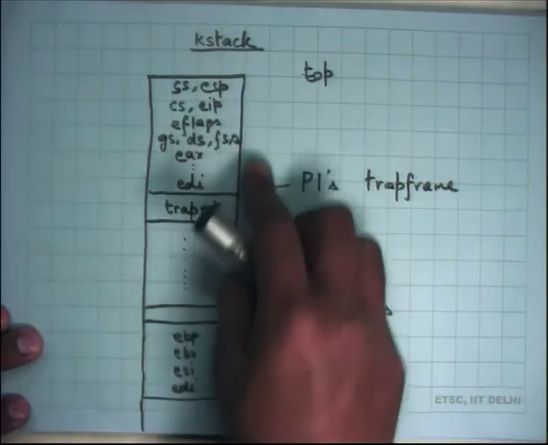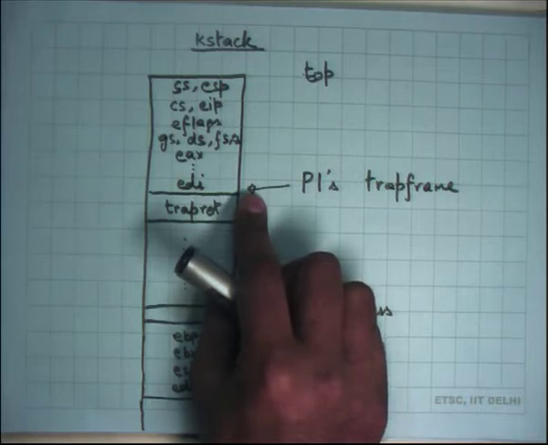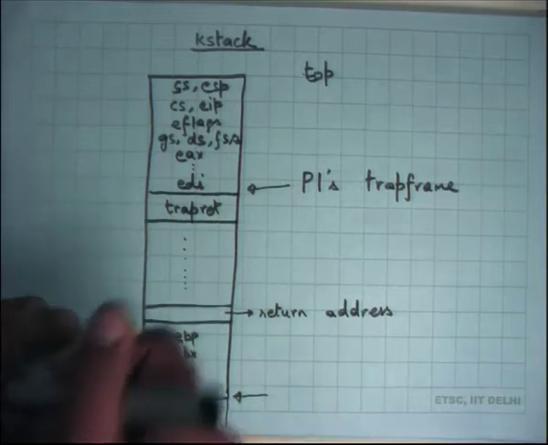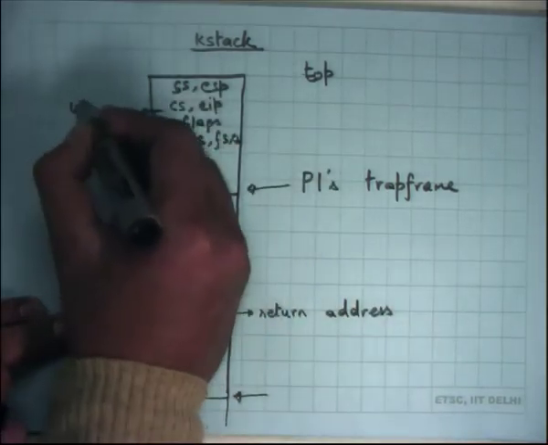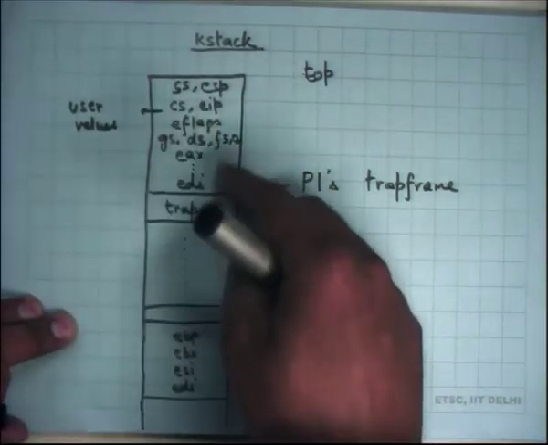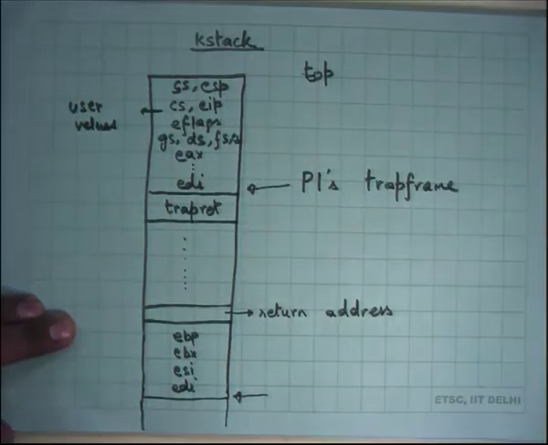On every trap, and the trap could be a system call, an external interrupt, or an exception like divide by zero or page fault, like a segmentation fault when you try to access an address that you are not supposed to access, in either case a trap frame gets pushed which contains all the user values. If you want to return from here, you're just going to pop these values and call iret, which is going to pop the last 5 values, and you're going to resume back in your user mode.